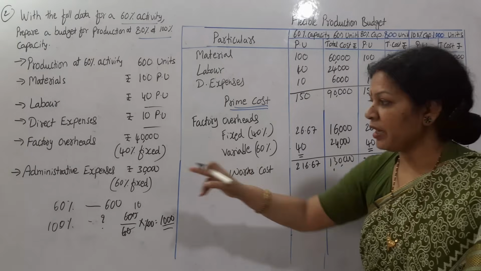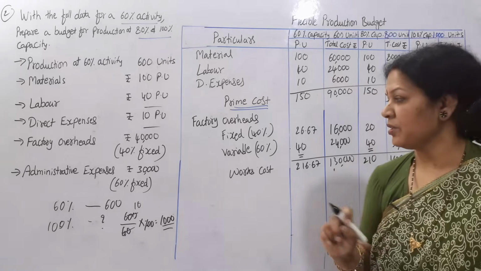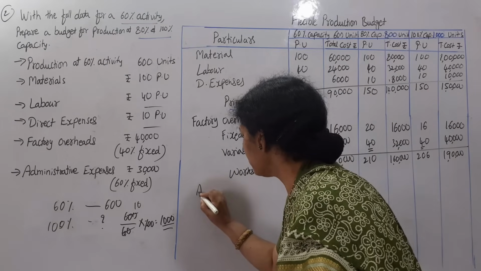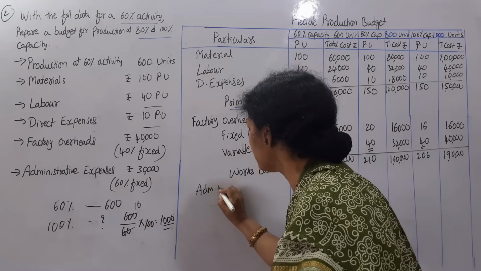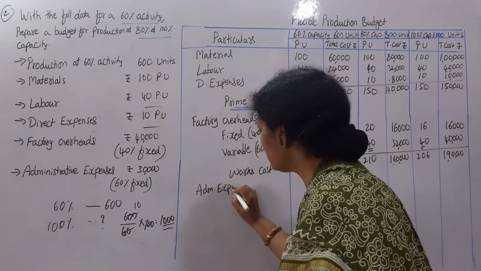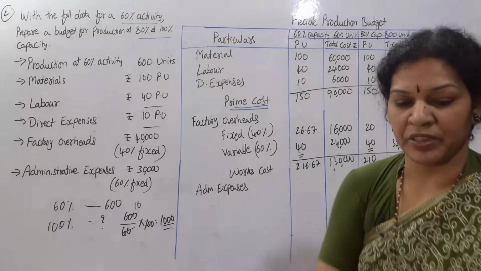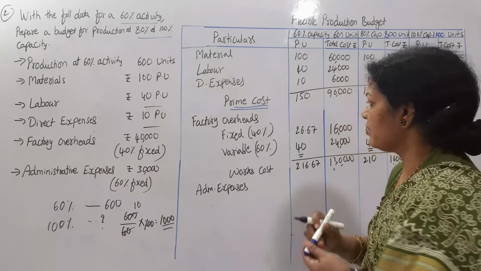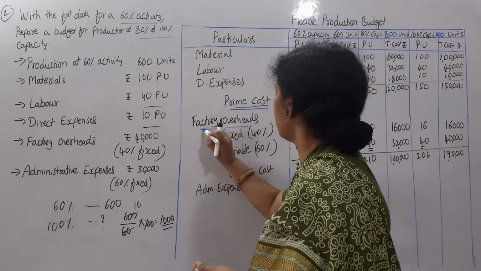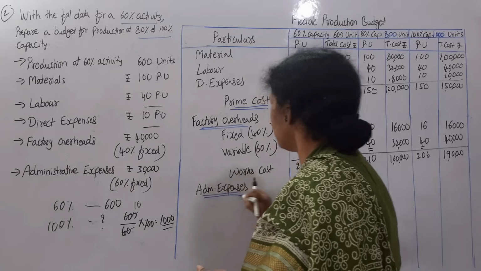Now what else we have? Administrative expenses. Now we will take here administrative expenses. This is also given to us as fixed and variable. We will keep this as heading, administrative expenses.